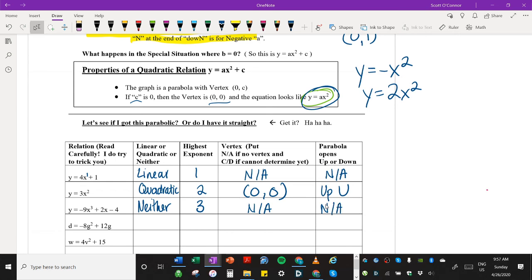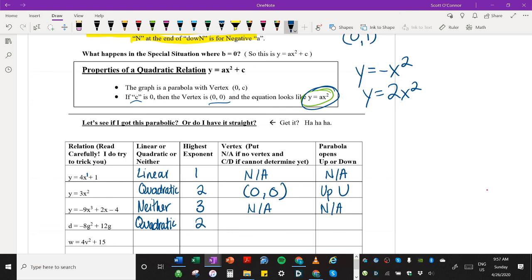What about d? d equals negative 8g squared plus 12g. Is this linear, quadratic, or neither? That's right, it is quadratic because it has a highest exponent of 2. The vertex is, in this case, not something you've learned how to solve yet.